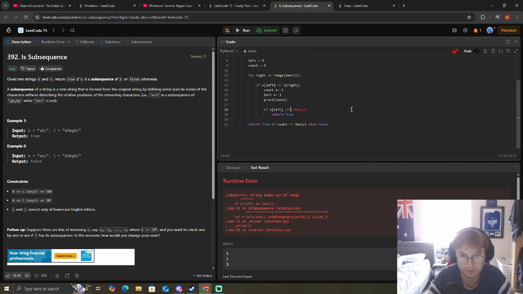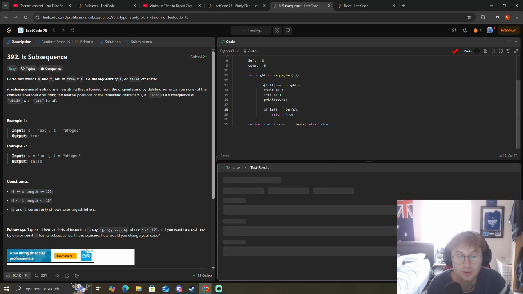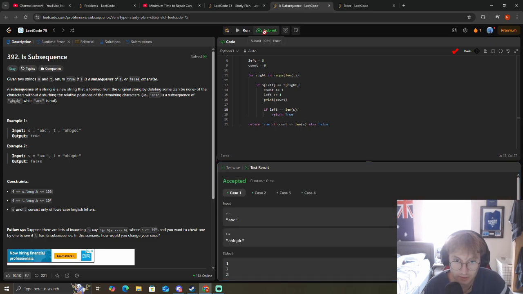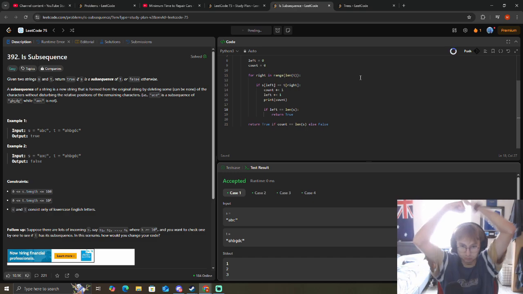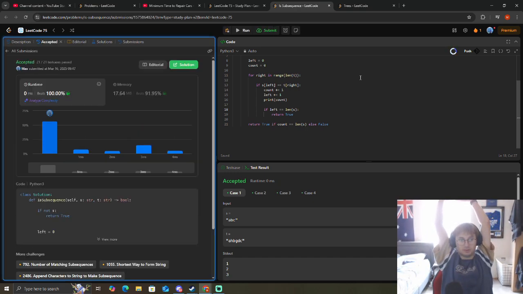Oh my gosh, dude. Sorry. If check left, not what the actual value is, equal to the length of s. There we go. That was my edge case, bro. There we go.